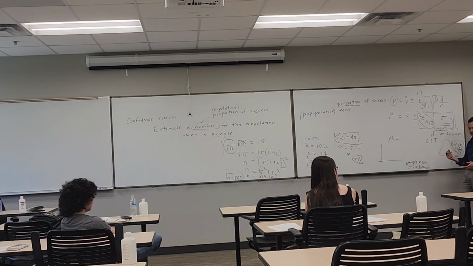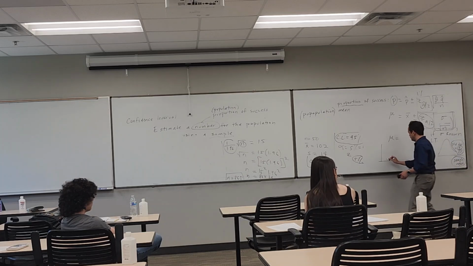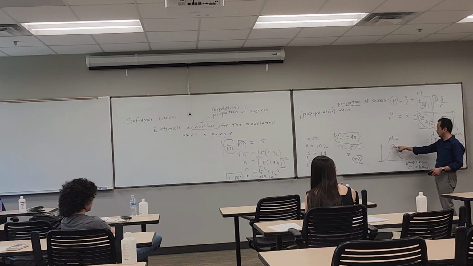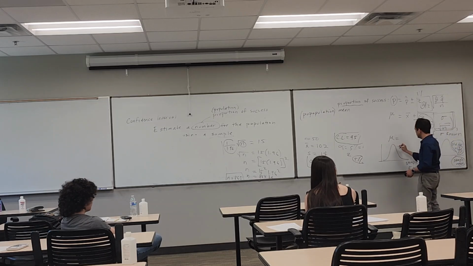It's no longer a bell curve, but it looks similar to a bell curve. It turns out that the distribution looks like this. So it looks similar to a bell curve. The peak is a little bit sharper. This is something that we call a t-distribution.